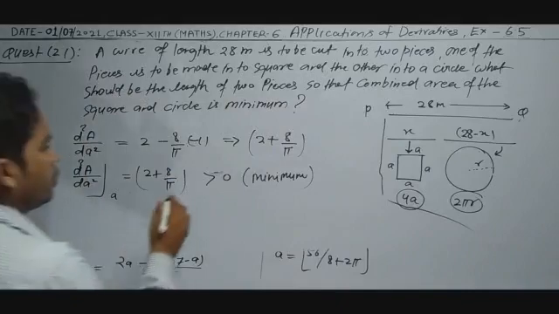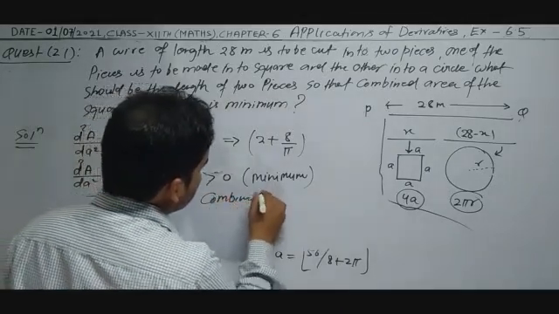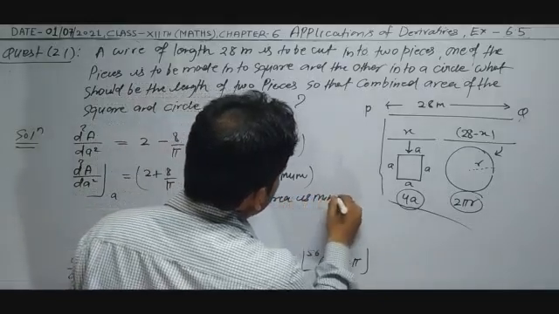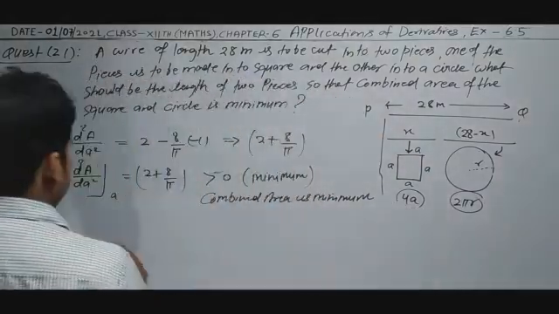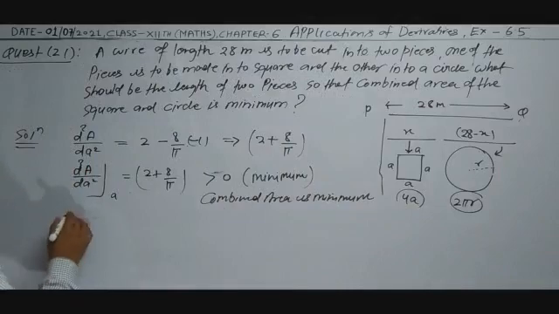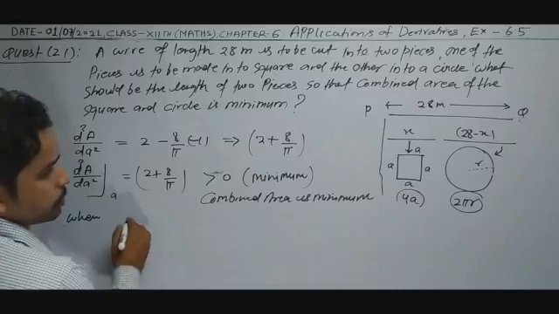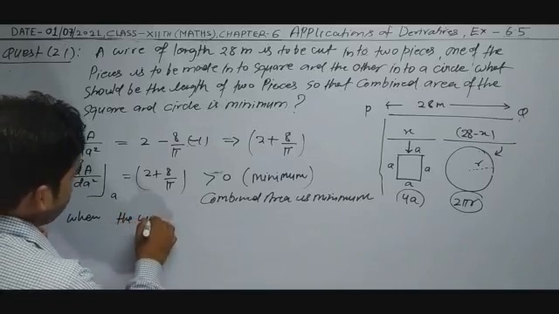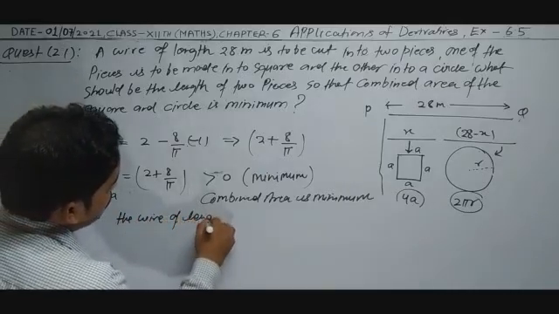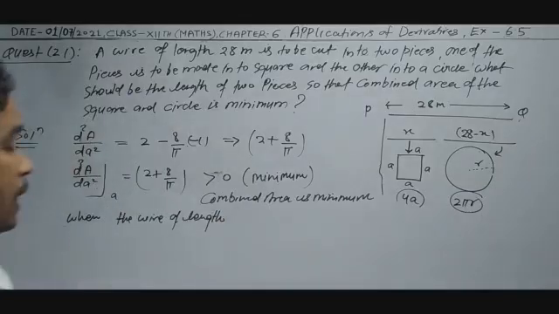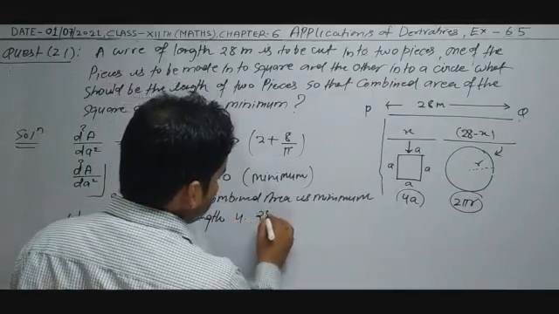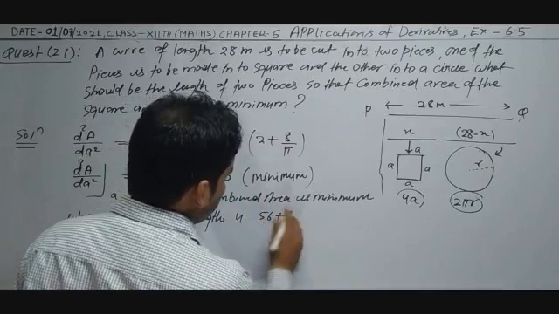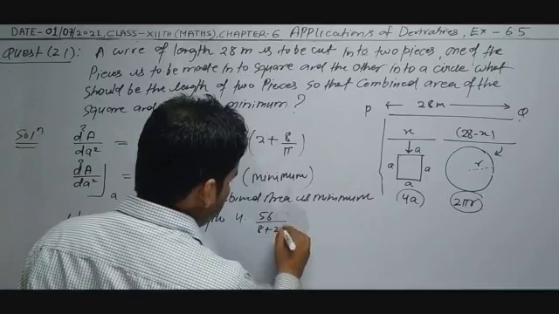This shows the minimum area. Combined area is minimum when the wire of length 4a, a is equal to 56 upon 8 plus 2 pi.